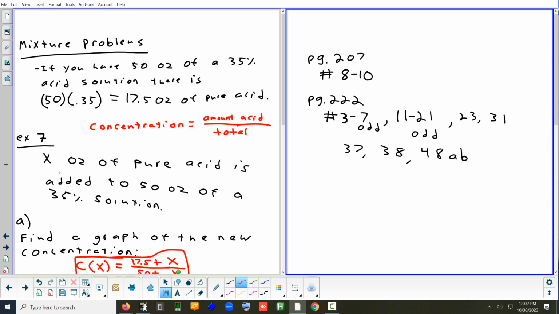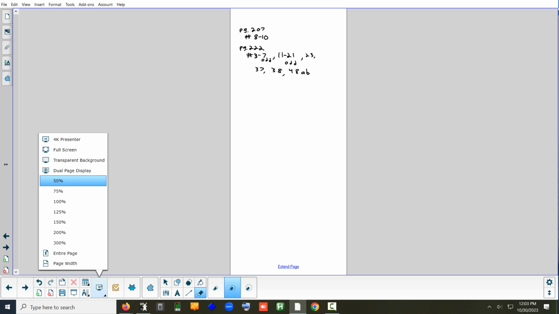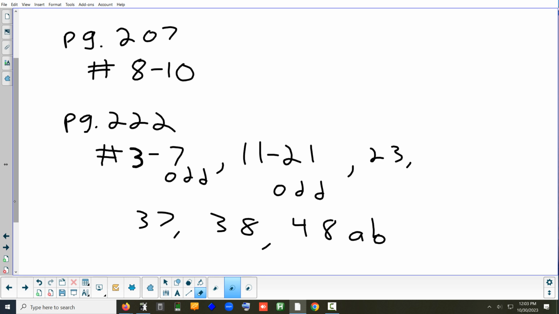Let me double check page 222. Okay, so the first page, that's on finding some intersects, like we did with the systems.